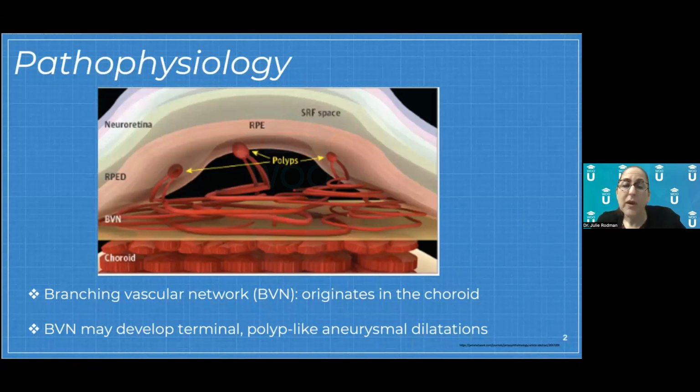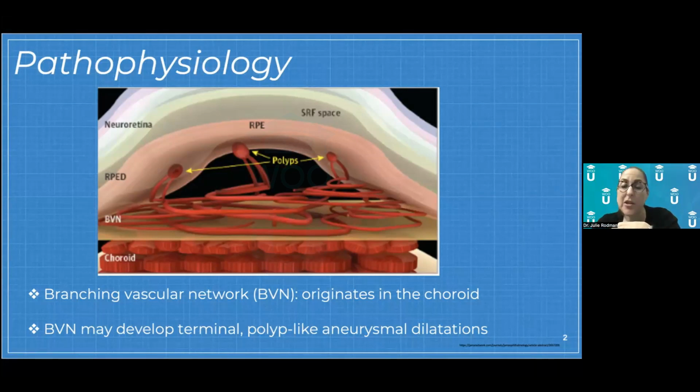In polypoidal, at the terminal end of each vessel, there's these polyps or these bulbs. These polyps shouldn't be there. When I teach this, I like to say it's like spaghetti and meatballs, okay? Because these polyps are like meatballs living within the spaghetti, and they should not be there. So if you think about these polyps living within the choroidal space, what's going to happen is they lift up, they push up the RPE, and that's the pigment epithelial detachment.